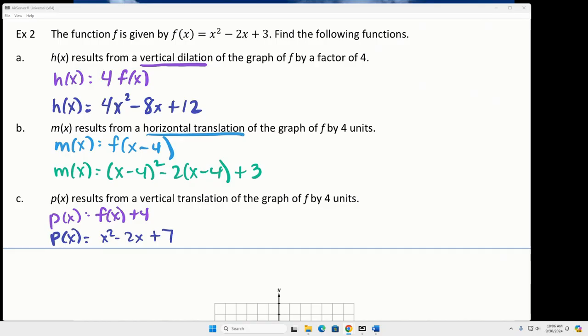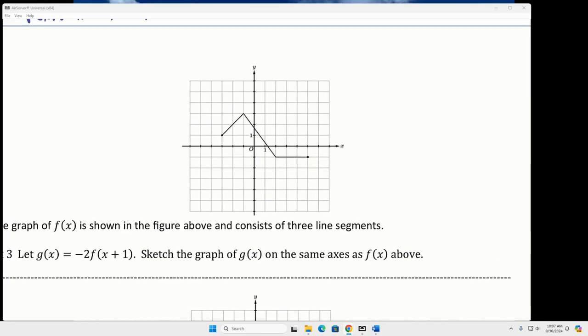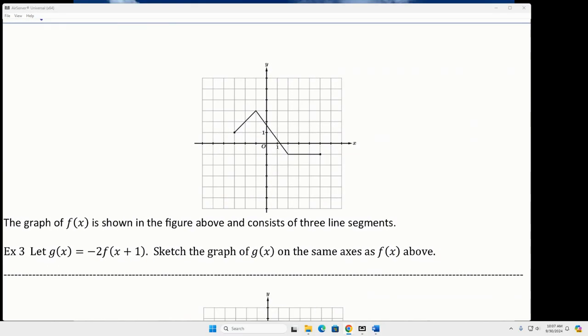All right, the last thing we're going to do today is apply the transformations to a graph. This is my favorite part of the lesson. All right, so we need to remember some things from the front. So we are going to have it written in similar form to this, where we'll have stuff on the inside, we'll have stuff on the outside.